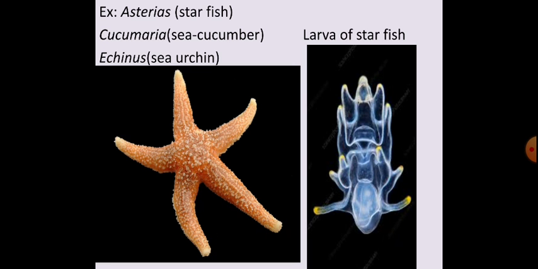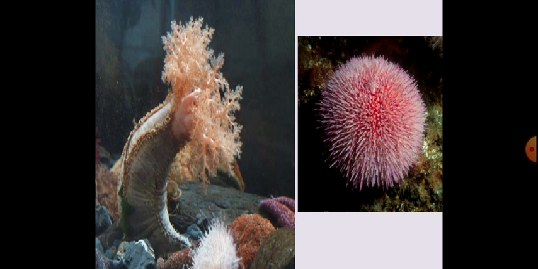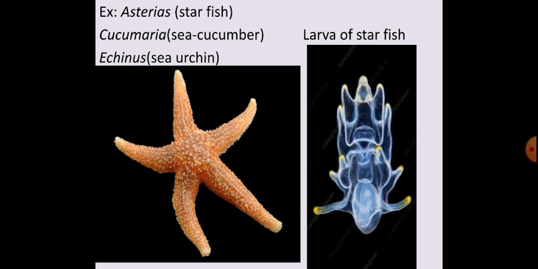So this is the larva of starfish. They first develop into larva, then they grow into adult. Example is Asterias, the scientific name of starfish. Next example is Cucumaria, called sea cucumber.